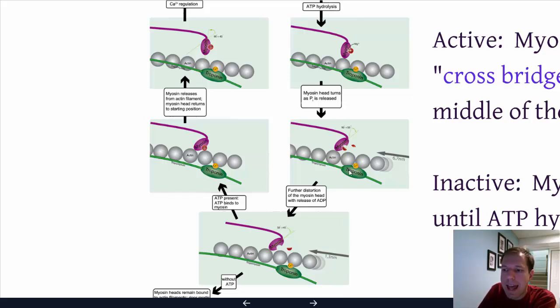Now, when this happens, the ADP is going to be released, allowing a new ATP to bind to the myosin. Once ATP is bound to the myosin, it's going to get released from the actin because it's no longer as strongly attracted to it, and myosin is going to return back to its high energy shape.